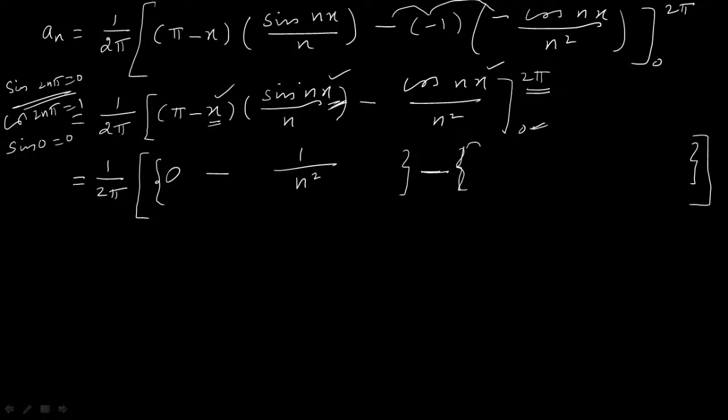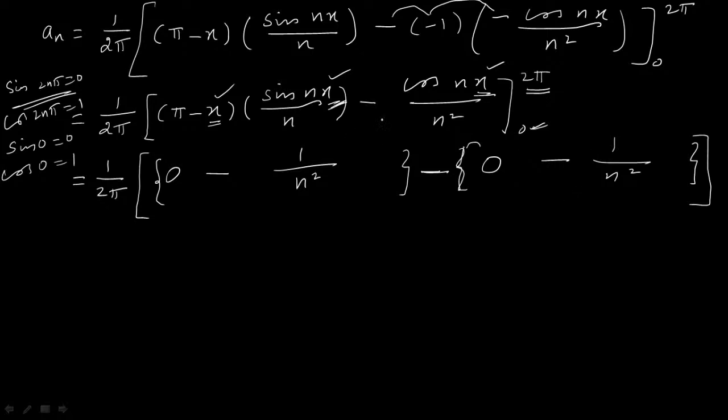Sin 0 becomes 0 means the entire term becomes 0, because it is in product. Minus cos, if you replace x by 0, you have cos 0. Cos 0 value is 1. That is 1 divided by n square.